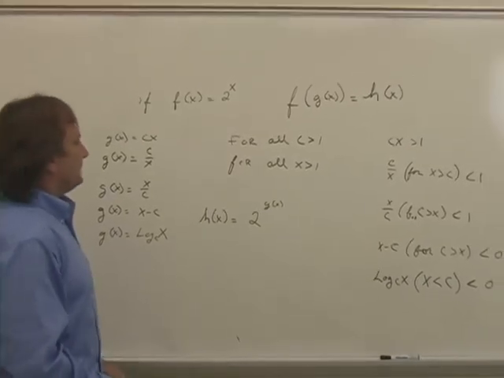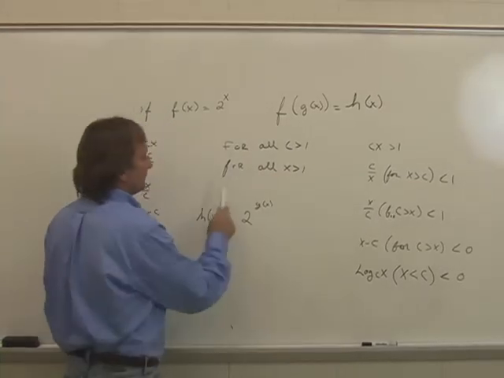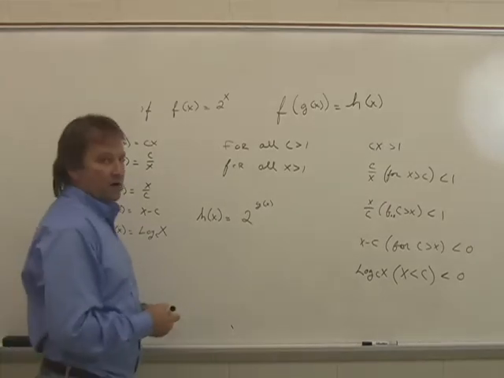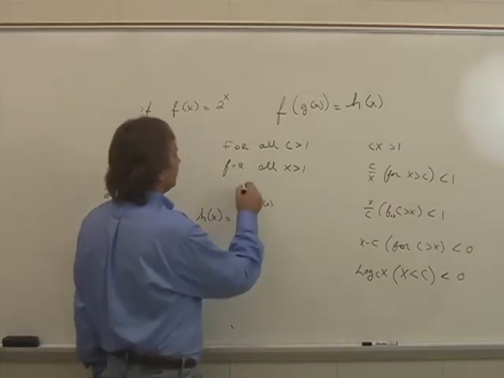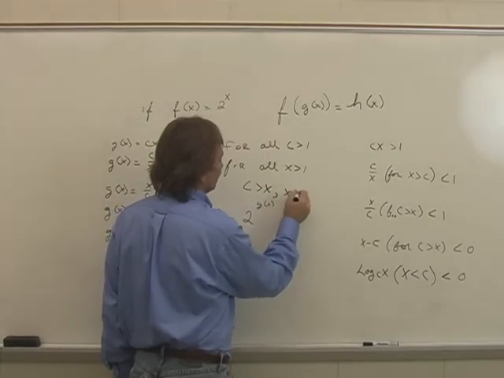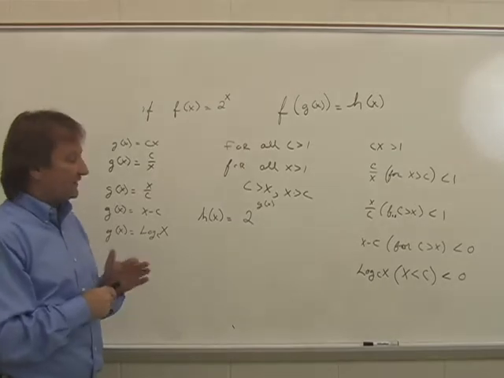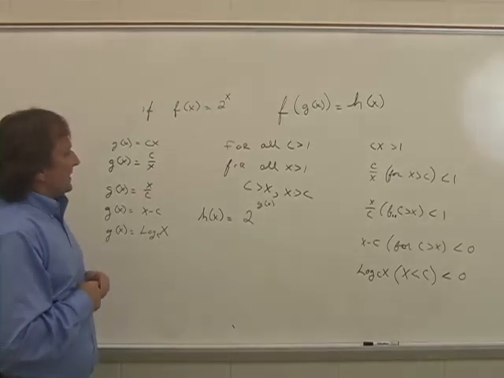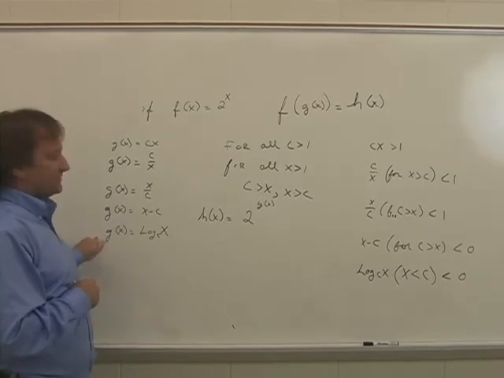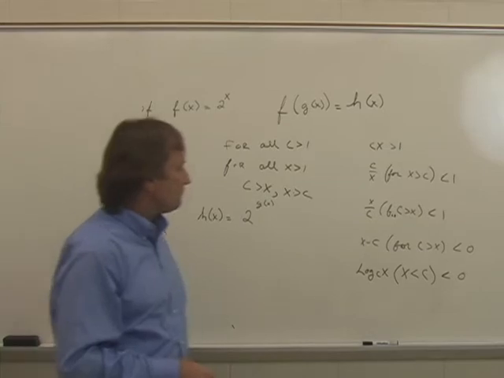In particular, for all c greater than 1 and for all x greater than 1. And we do not know whether c is greater than x or x is greater than c. So let's list out what happens in these cases and see which one of these functions must provide the greatest value for the function h.